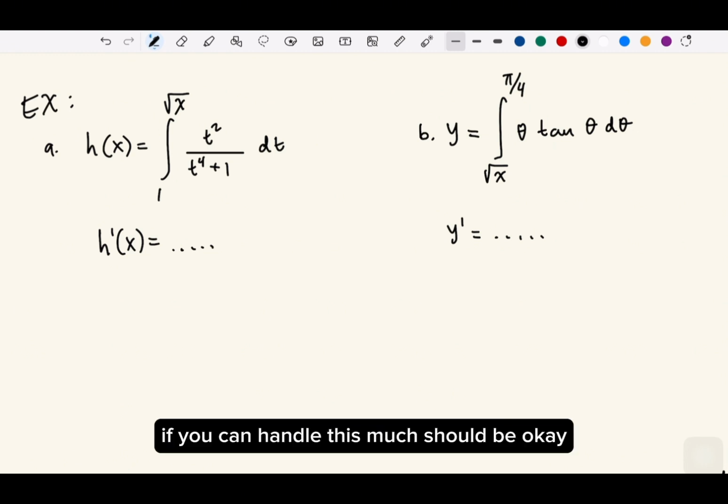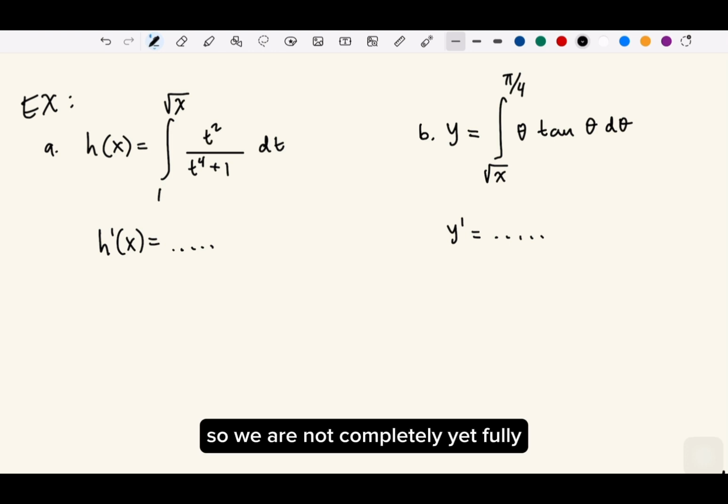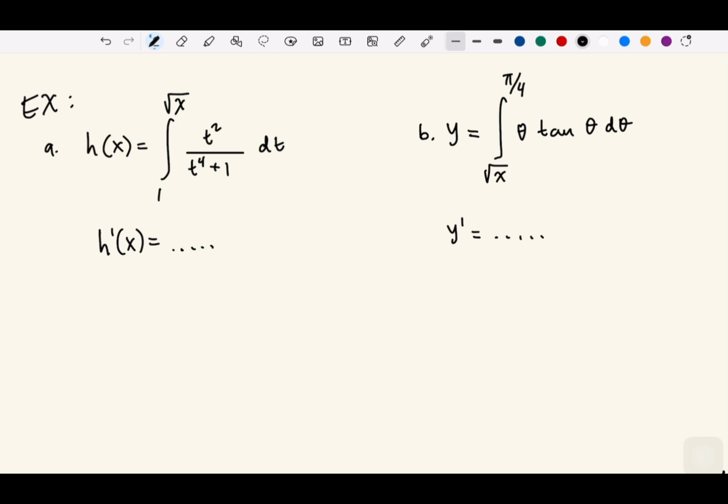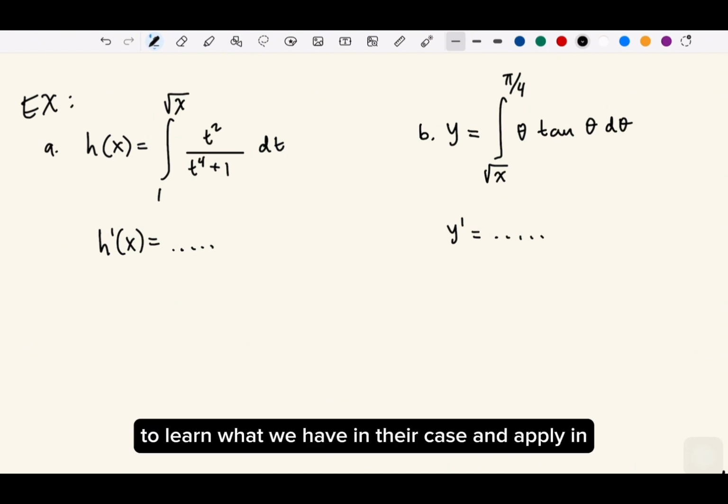If you can handle this much, should be okay, should be fine. So we have not completely gone to the integral section, which has many techniques. We are still in the middle of learning what we have in derivatives and applying it in what we call the fundamental theorem of calculus.